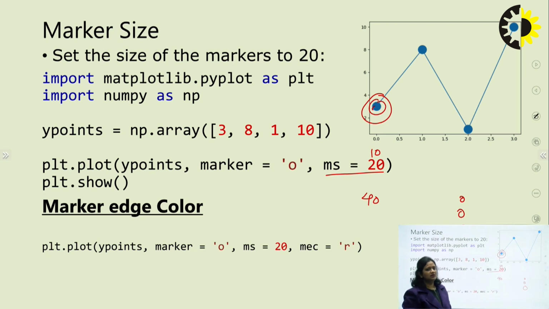So for the marker size in the plot function, same as matplotlib plot functions, y points, marker equal to O, means we are going to use a marker with a circle, and the keyword ms is used for marker size, and ms equal to 20.